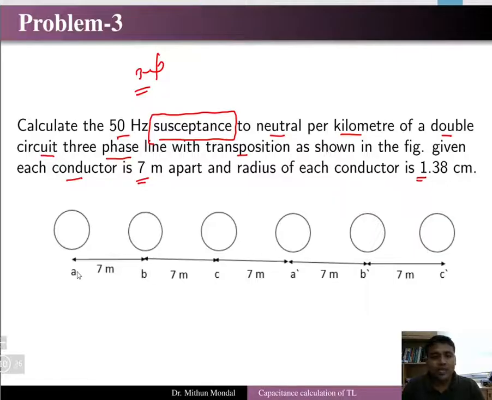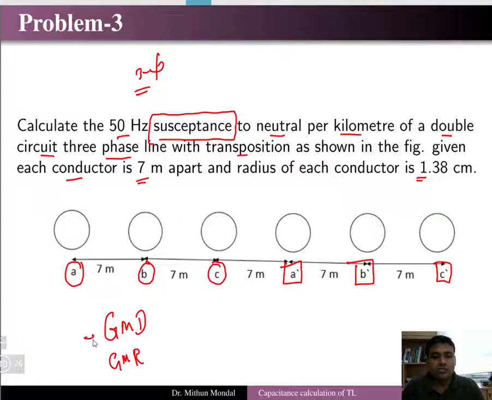So it is a 3-phase line. Then phase A, phase B and phase C are there, and it is a double circuit line, so A dash, B dash and C dash are there. Then we have to calculate the GMD and GMR appropriately for this transmission line.